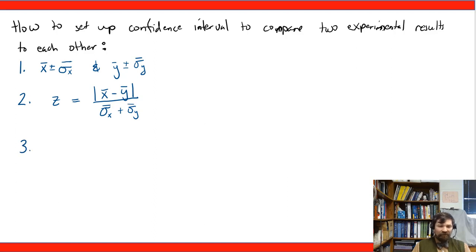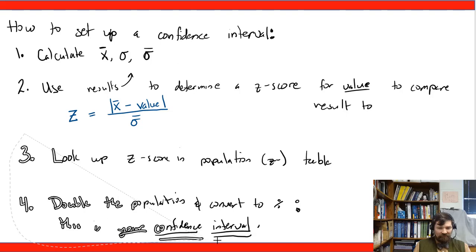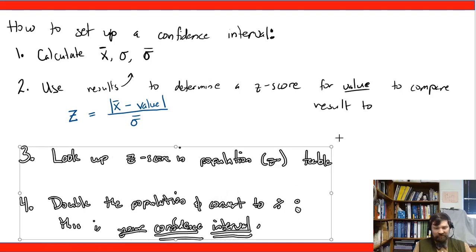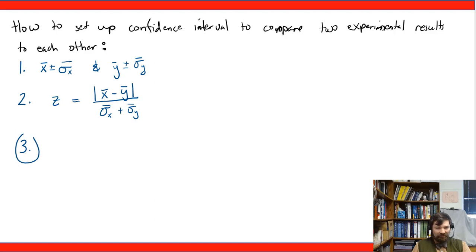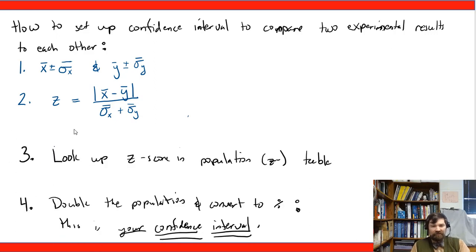Steps 3 and 4 are identical to the prior, so we can come back over here and in some sense just kind of copy what we've written down here for steps 3 and 4 of this procedure, and then just paste it over here, and it is in fact the same. Like once we've got the z values, the rest of the procedure is the same as before.